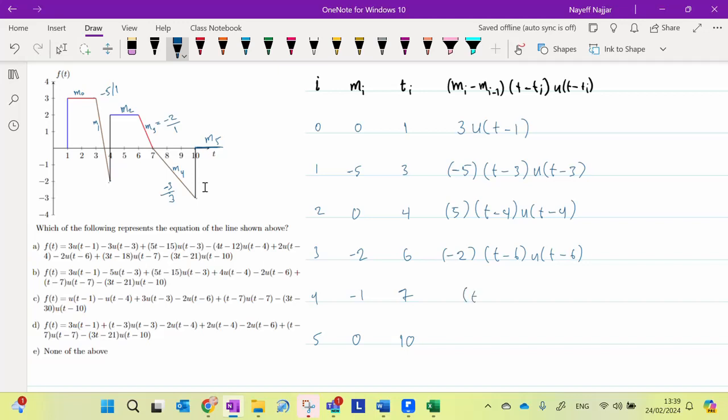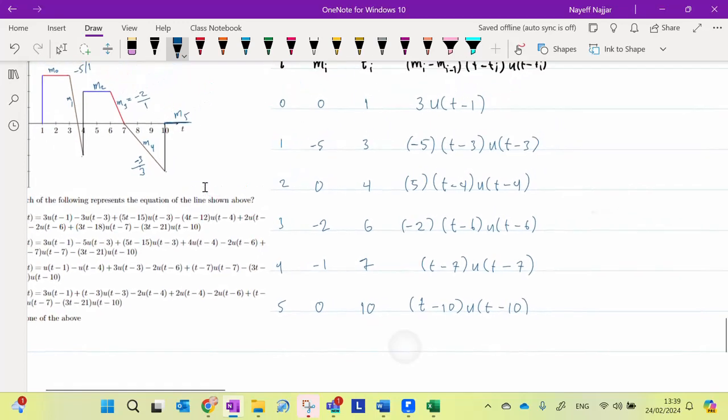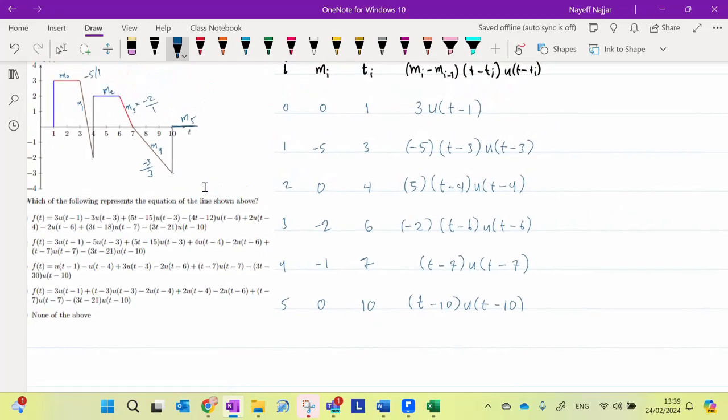And then you have (t -7) u(t -7). Finally you have 1 again, and this is (t -10) u(t -10). And then you sum these up to get f(t).